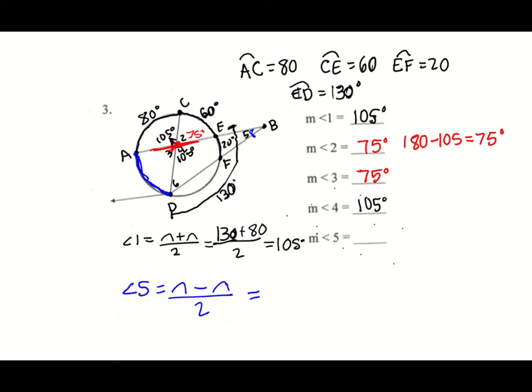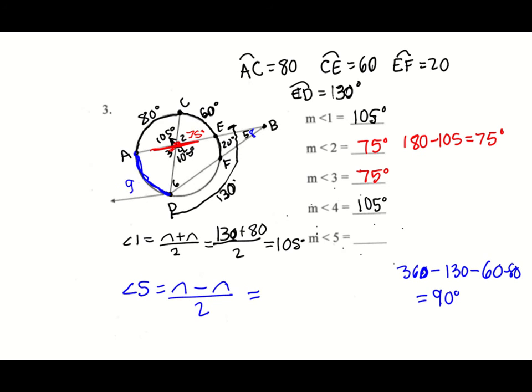So if I start with 360 degrees in my whole circle, and I take away all those other pieces, I take away DE, take away EC, and I take away AC, I am left with my AD, which is 90 degrees.